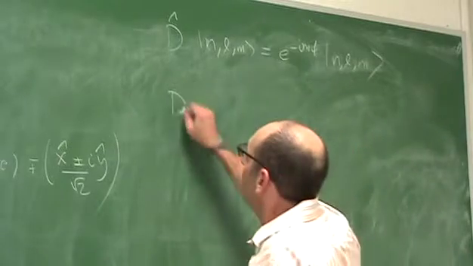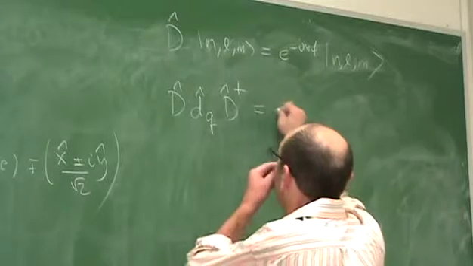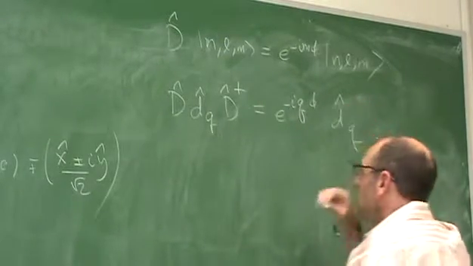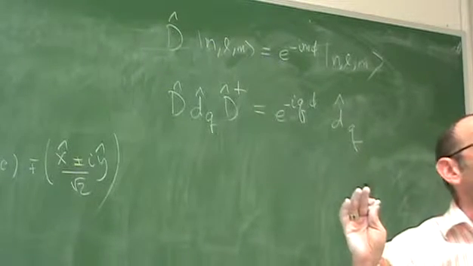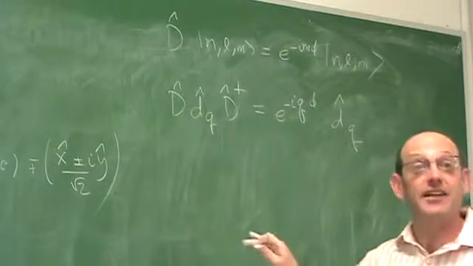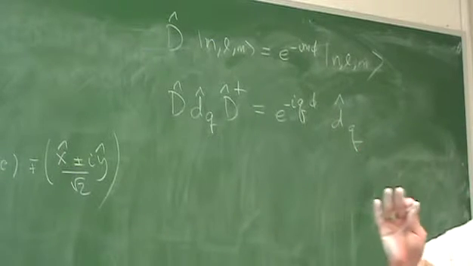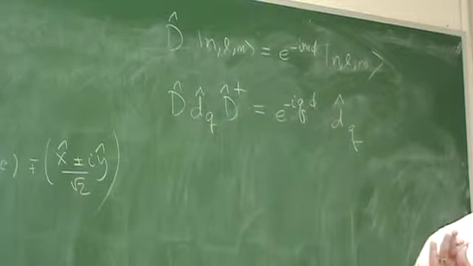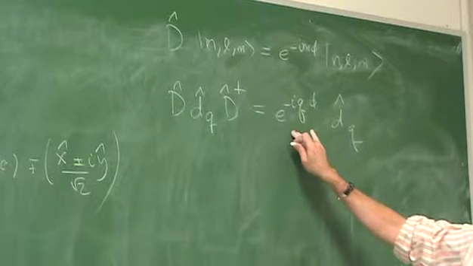And d^(1)_q d† is equal to e to the minus i q phi. Generally we would have to write out this rotation matrix the way we just erased it. However, this is a rotation around the z-axis, which is diagonal in that basis, so each of the matrix elements is just a phase.